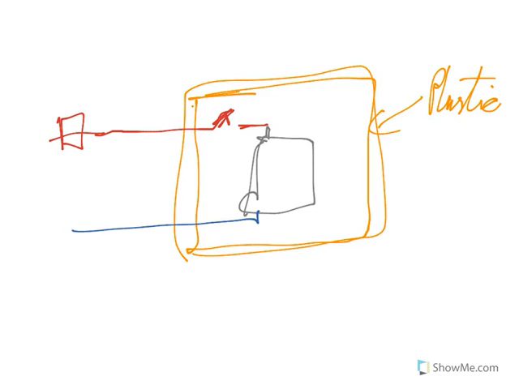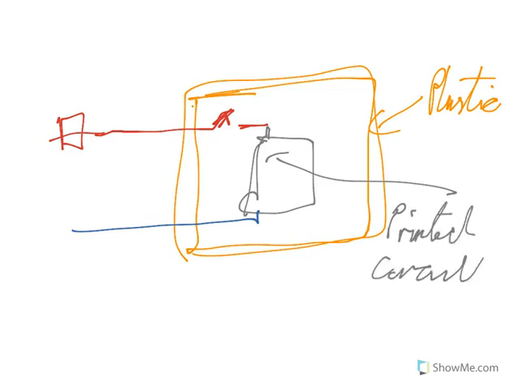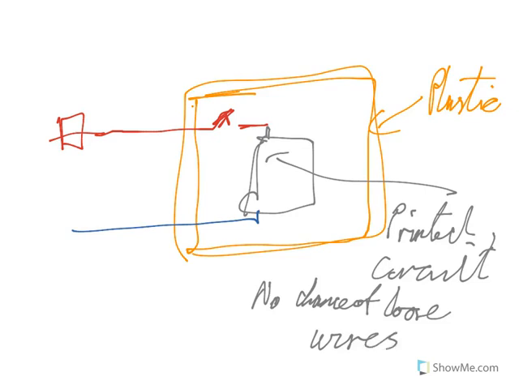Now the thing with our circuit is it's often a printed circuit, so there's no chance of loose wires. Even if there was, the outside of it is made of plastic anyway.